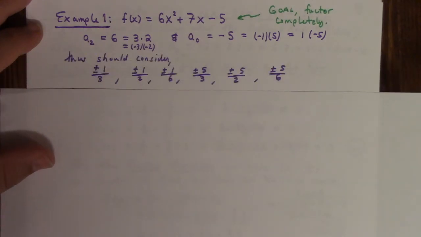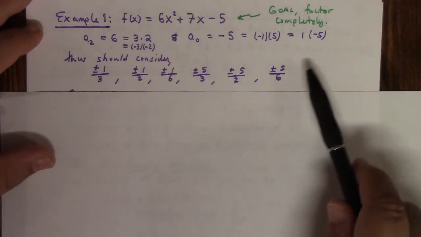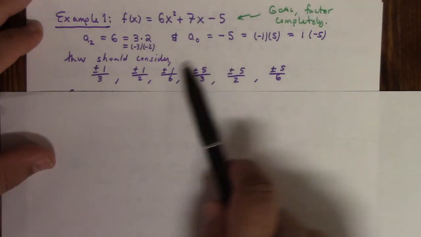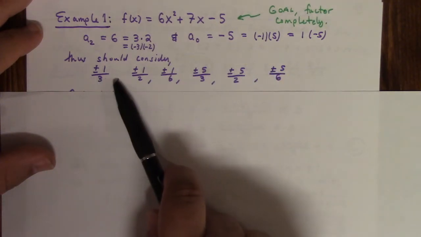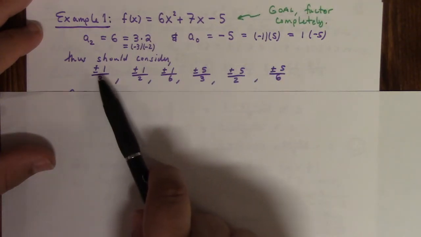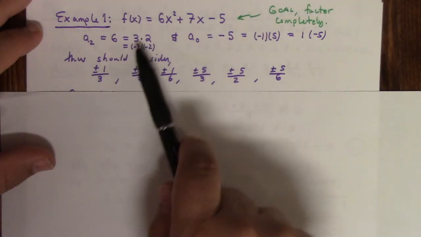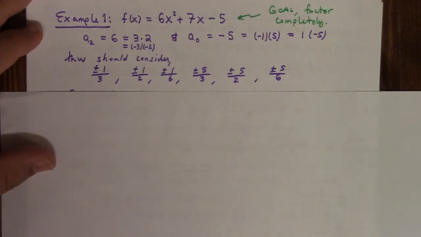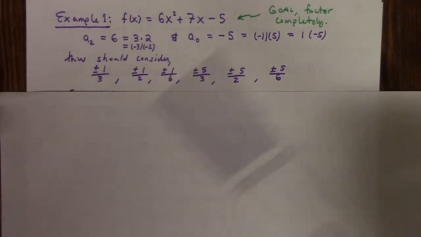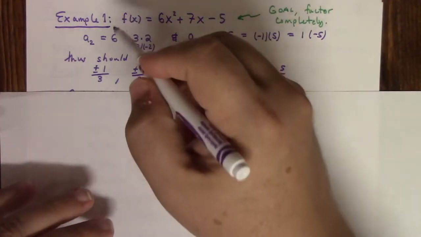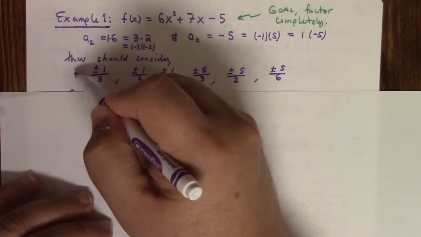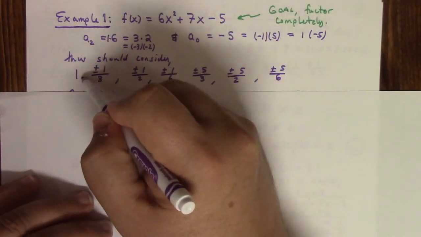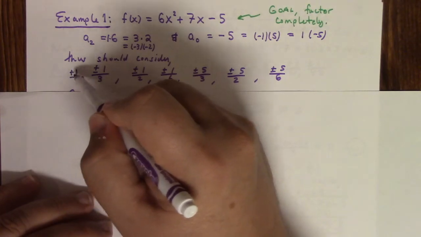So we should consider ratios of the factors of the constant coefficient for the numerator over the factors of the leading coefficient for the denominator. I see I missed one: 1 times 6. So we could also have plus or minus 1 as a possibility.